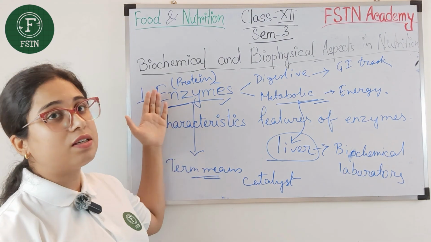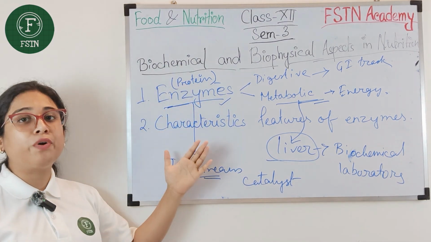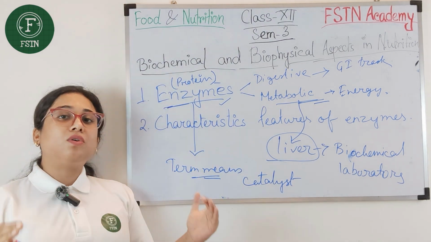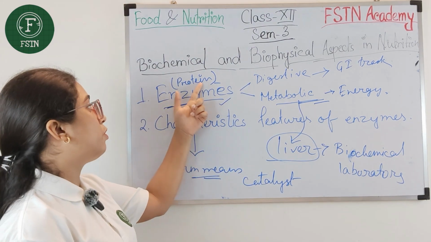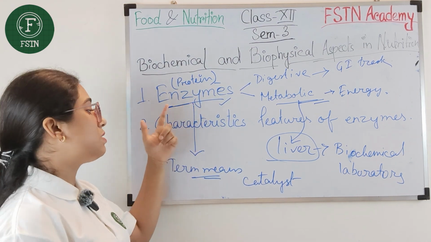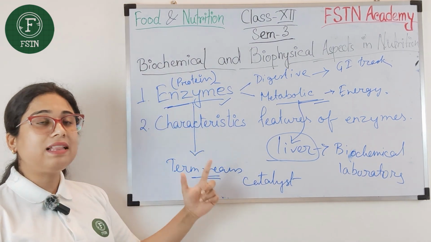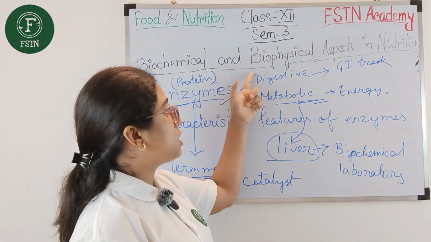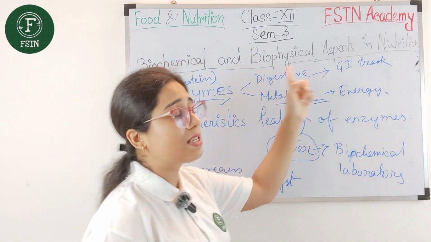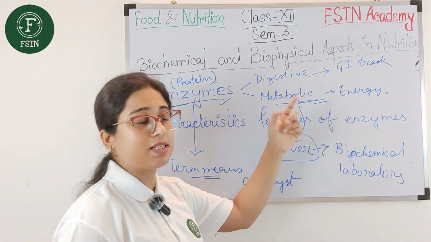So for that reason, protein is the main component of everything in our body. The building block of our body is protein, and protein makes enzymes, and enzymes act as catalysts, and these catalysts help in our digestive reactions and our metabolic reactions.